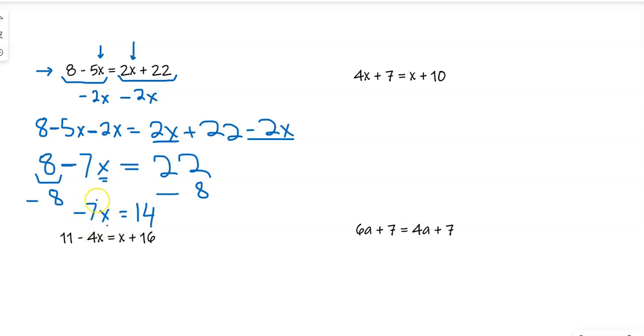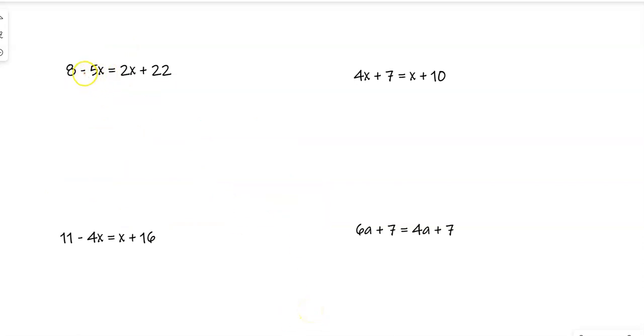So that means we're going to divide by negative 7 to have negative 7 groups of 1x in it. And that means the right side we have to divide by negative 7 too. So we will divide by negative 7 on both sides. So we'll have on one side x, and the other side 14 divided by negative 7, which is negative 2. So this solution is x equals negative 2.